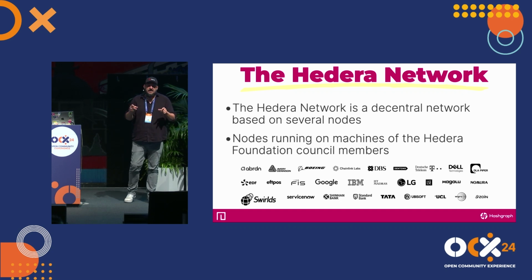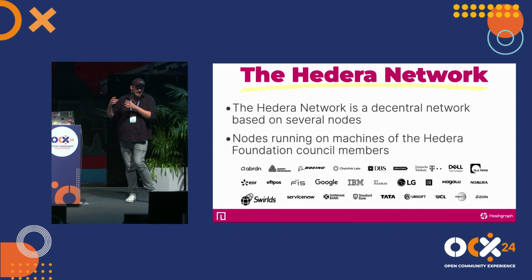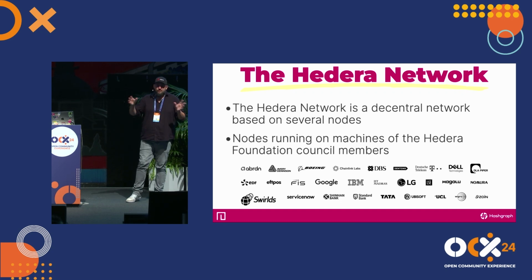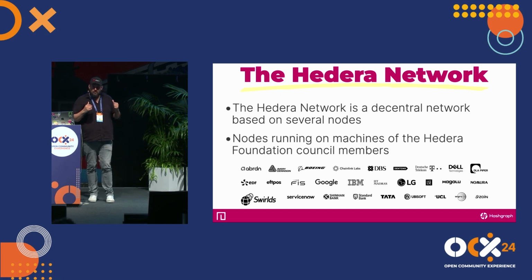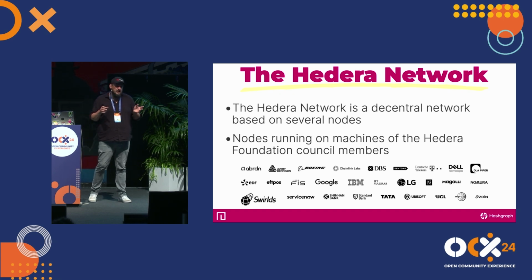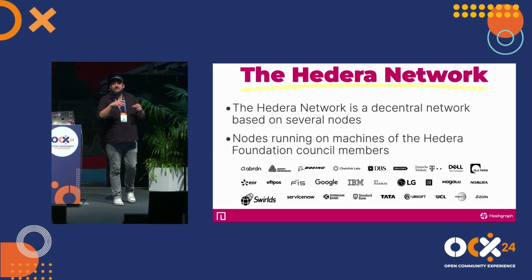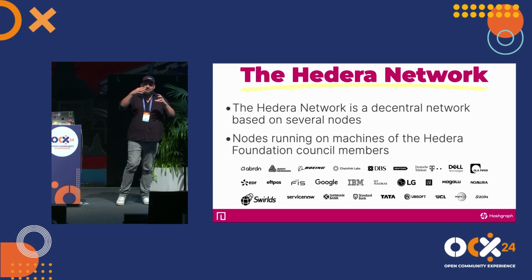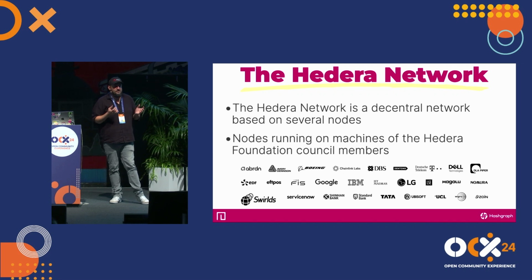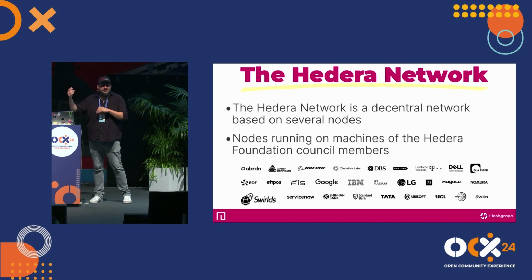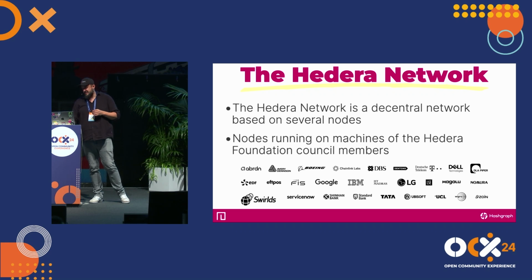Each of those companies runs exactly one node, so that the trust of the network is split between all those companies, which means that to harm the state of the network, like 70% of those companies from all over the world would need to carry out an evil master plan to destroy it. So something that can only happen in technical theory, but not in practice.